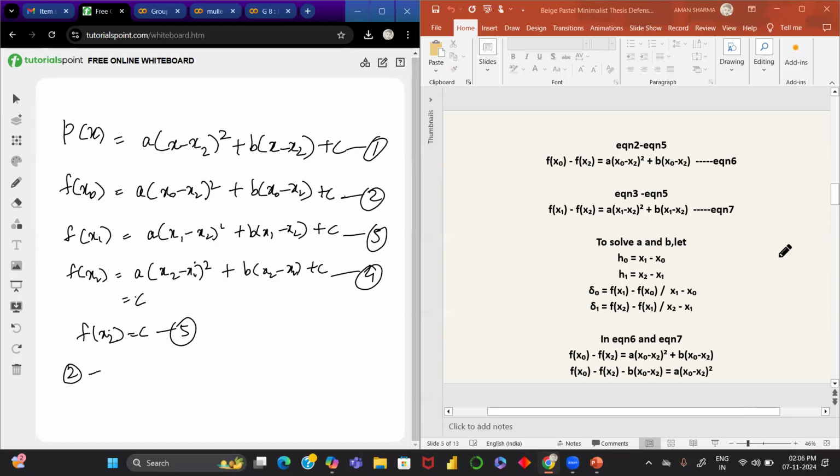Equation 2 minus 5 gives f(x0) - f(x2) = a(x0 - x2)^2 + b(x0 - x2). And this is equation 6.